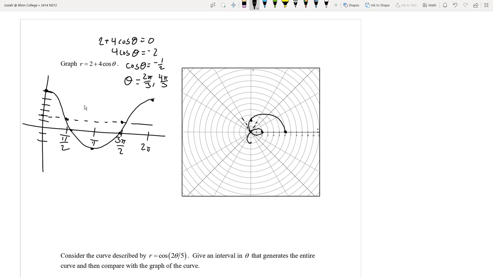And then we get to 2 pi, and we're all the way back at 6. So we're going to grow back again. And so here we get a limaçon with a loop, is what it's called. And it's like a C with a little tail on it.